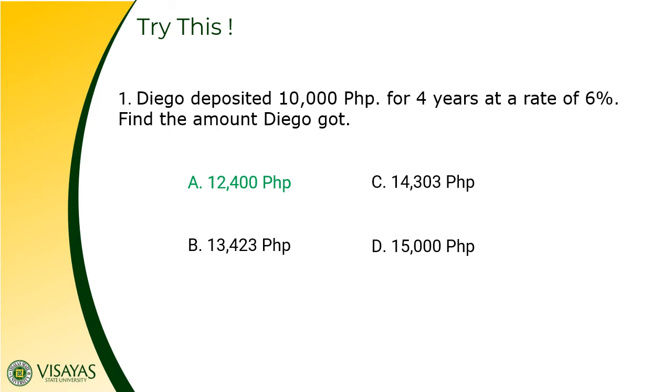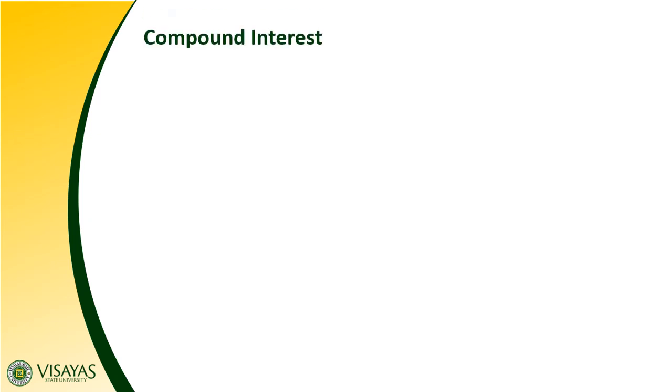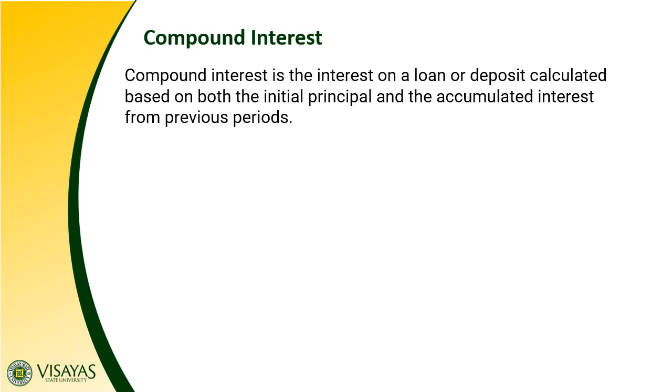Okay? And this time, we will proceed to compound interest. And in definition, compound interest is the interest on loan or deposit calculated based on both the initial principal and the accumulated interest from previous years, or that is simply the interest on interest.